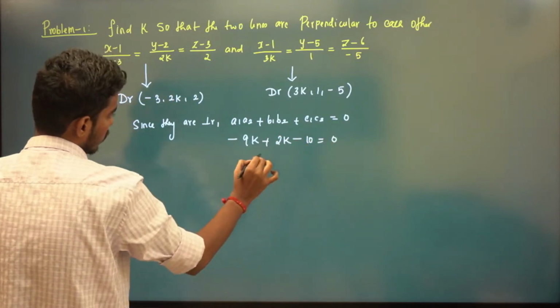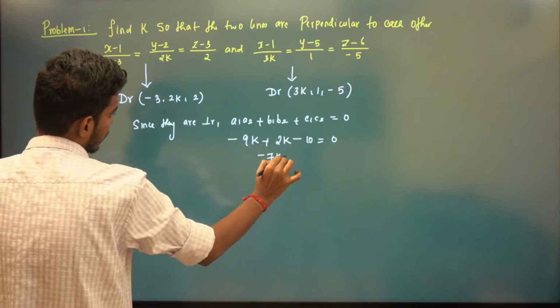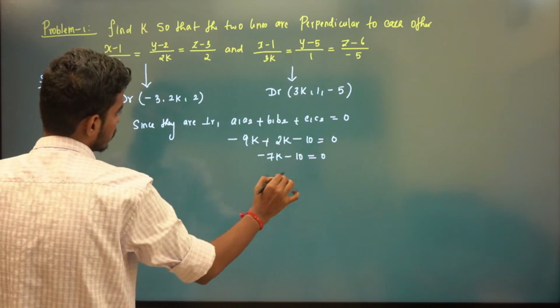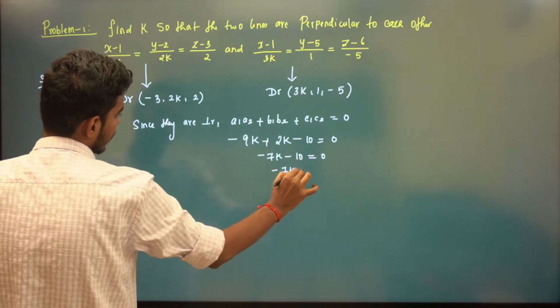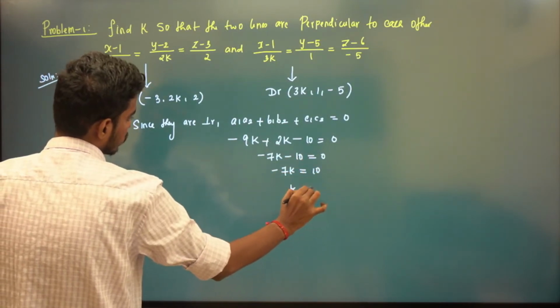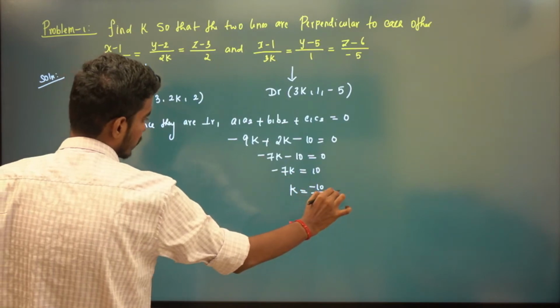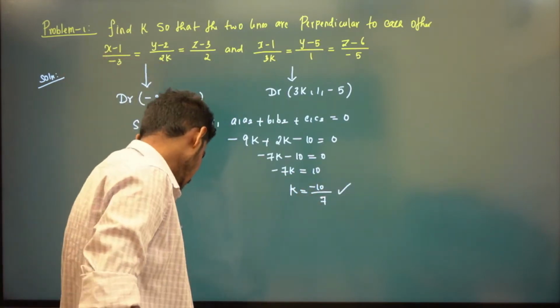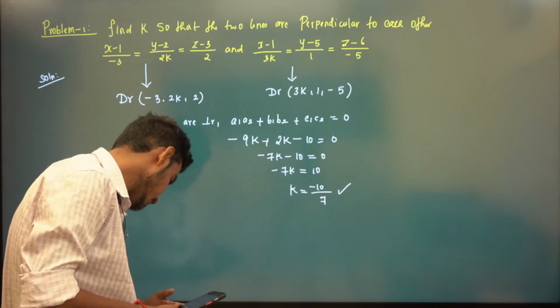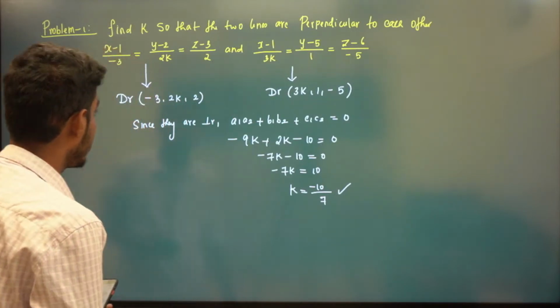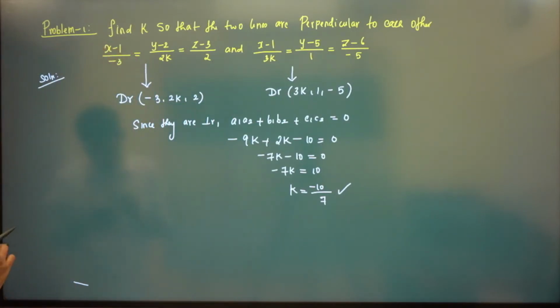We will have minus 7k minus 10 is equal to 0, so minus 7k is equal to 10. So k is minus 10 by 7. So when k is minus 10 by 7, they will be perpendicular. Okay, so on to the second problem.